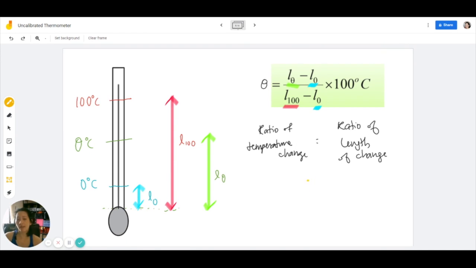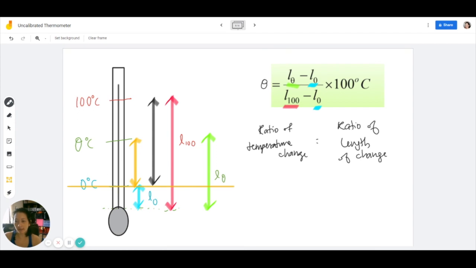So how's the comparison? Just think of it as everything needs to be based on the 0 degree Celsius mark. Come back to 0. So what happens here? Let me just draw a line for your visualization. Everything comes back down to 0. So let's just make the marking here from theta. And okay, let's just use this color black to 100.